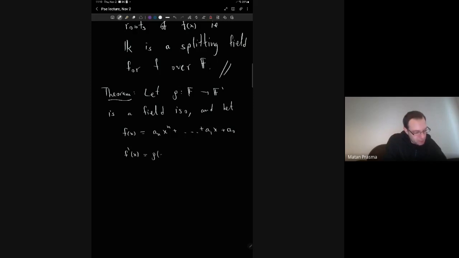That is rho(a_n) x^n plus ... plus rho(a_1) x plus rho(a_0), with of course f a polynomial over the first field and f prime a polynomial over the second field.